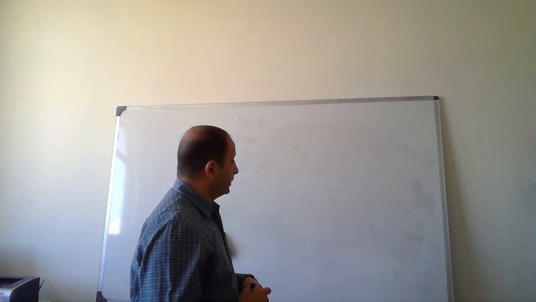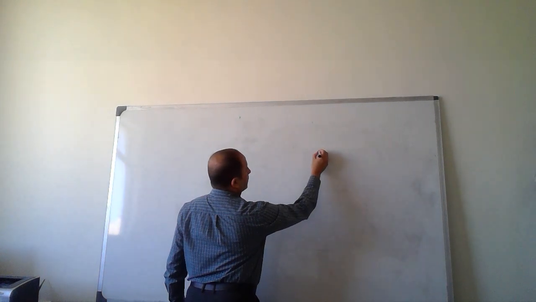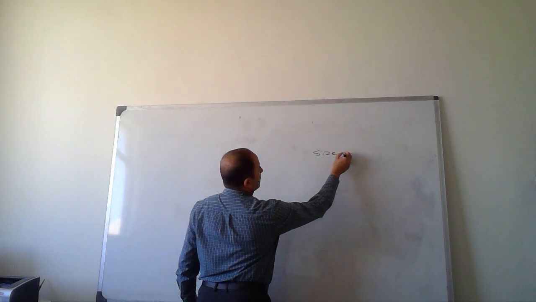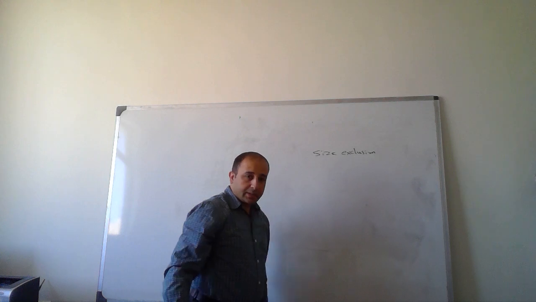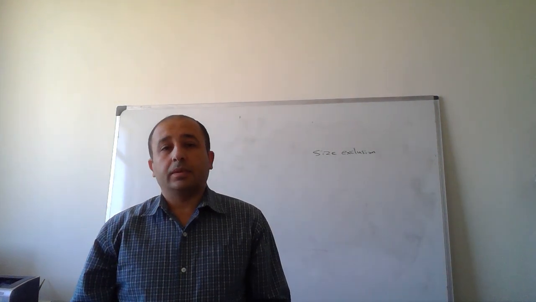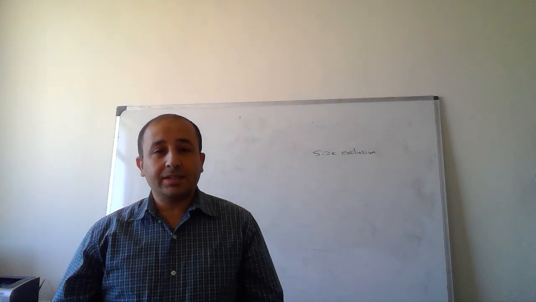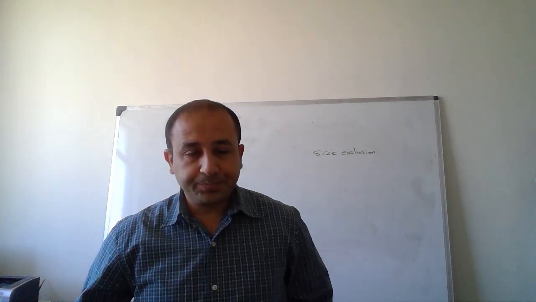So far, we mentioned one of the separation mechanisms, size exclusion. If you remember, we said that size exclusion is the same mechanism. It has many names, such as gel permeation and molecular sieve mechanism.